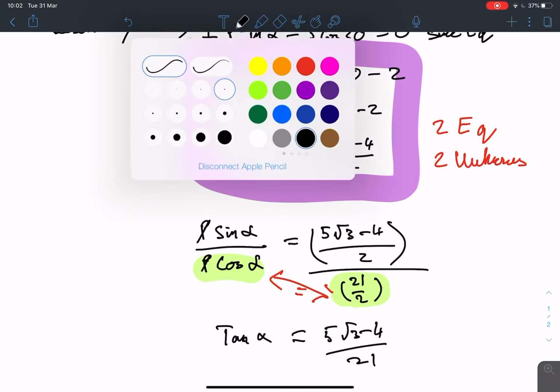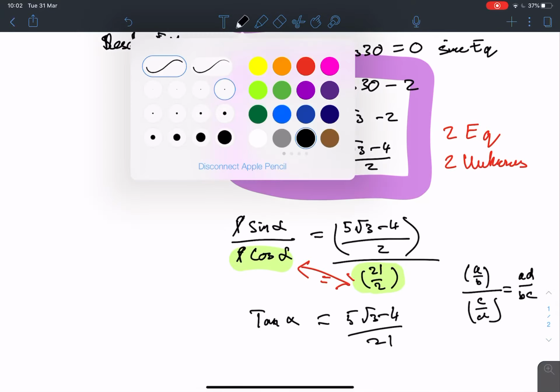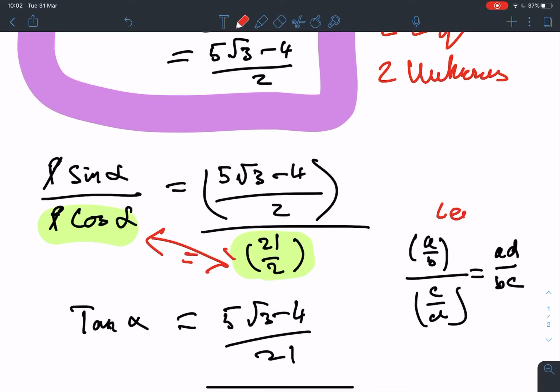A piece of factual knowledge that we should have from ages ago: A over B divided by C over D is equal to AD over BC. And that again is something that we should have learnt. A very useful little bit of factual knowledge.